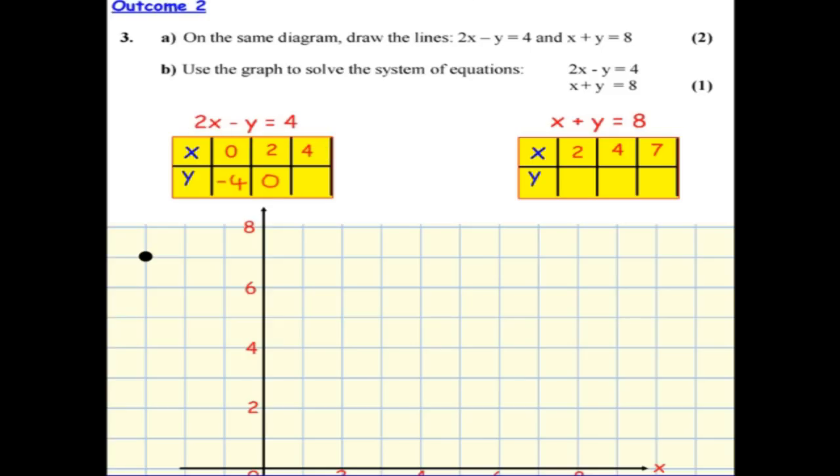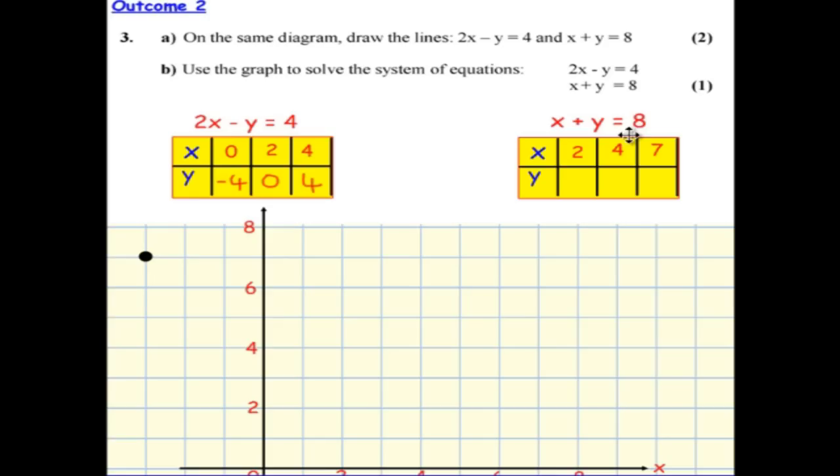Fitting 4 into this equation gives us 2 times 4 is 8, minus y is equal to 4. Now 8 minus 4 equals 4, so the value of y this time is 4, and we fit 4 into the table. We'll then be able to go on and plot these 3 points to draw this line.